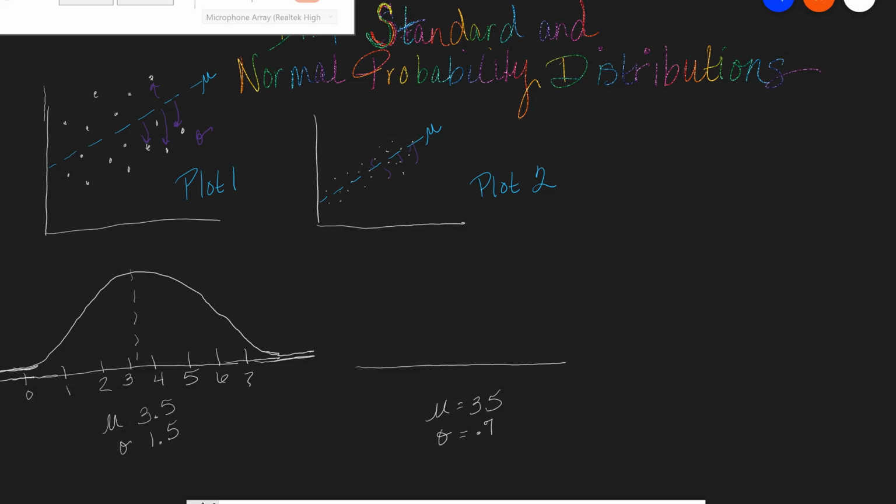I'll do the same kind of thing here. And our mu is this 3.5 point.